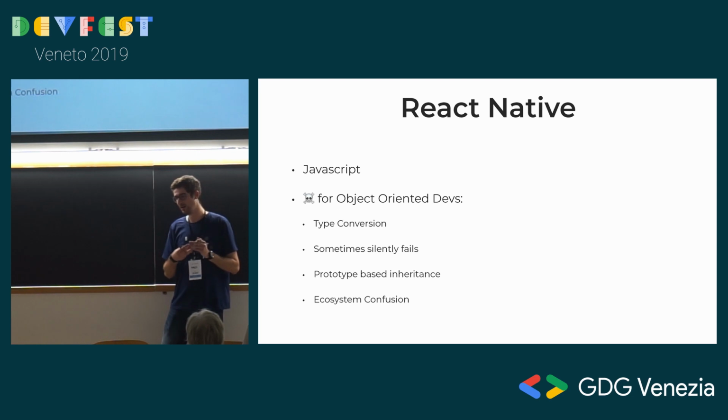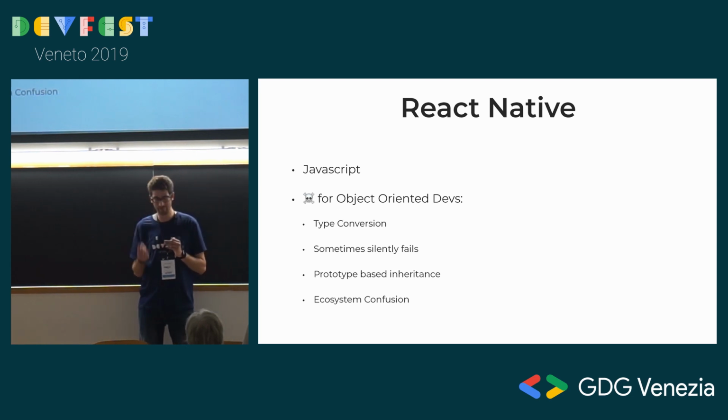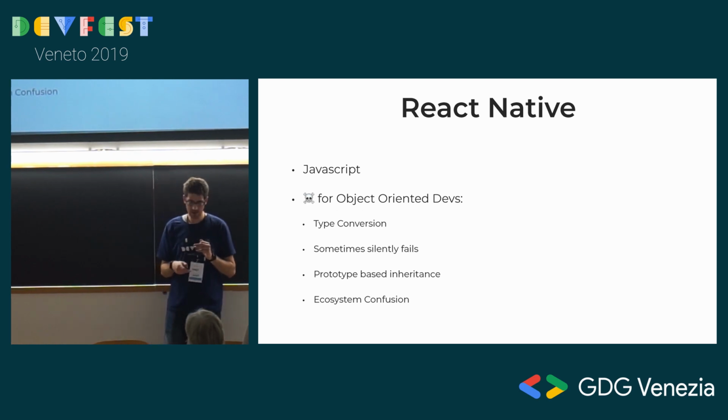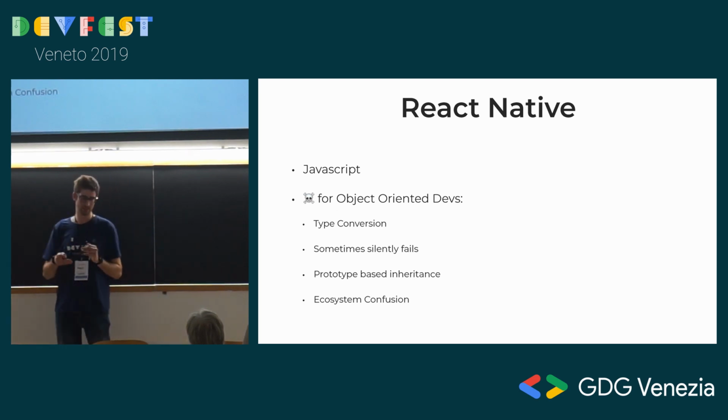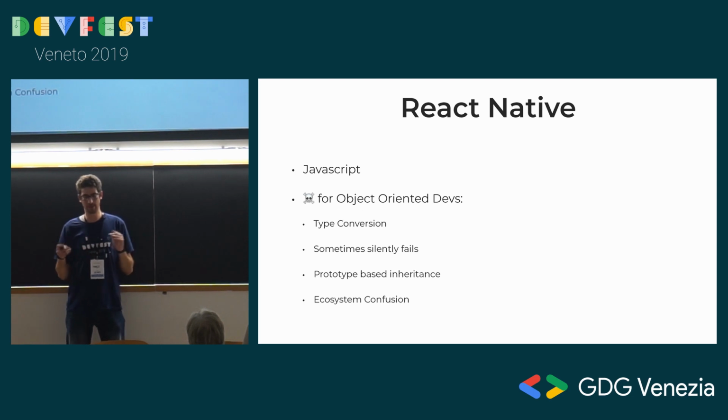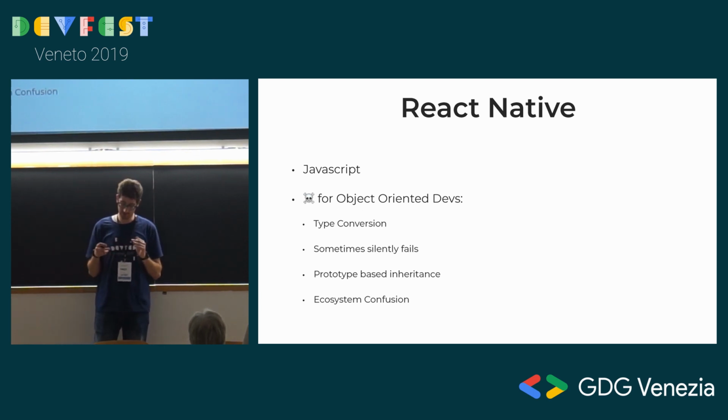In fact, there are many libraries for doing the same stuff. And to avoid some of these issues, I highly encourage you to go with TypeScript or Flow. When you begin a project, don't make our mistake.